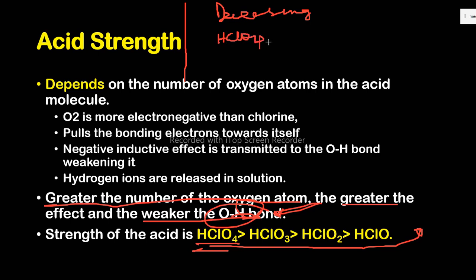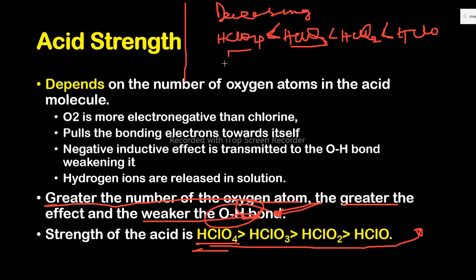We want the order of decreasing, and somebody writes this. No, this is okay, some people can use this sign. Now from your primary science, this sign means less than. So if you write this, it means that this is less acidic than this, and it's not the case.